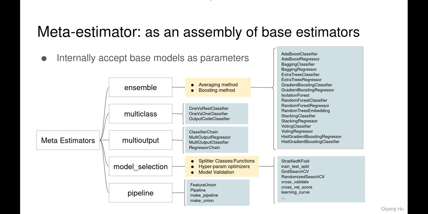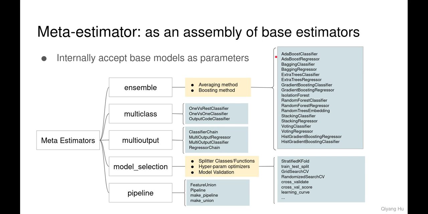Roughly speaking, meta-estimators can be divided into 5 categories. The first is the ensemble module. It contains all kinds of ensemble methods in machine learning. It uses the wisdom of the crowd, applying averaging, boosting, or stacking to combine the predictions of several base estimators for classification, regression, and anomaly detection.